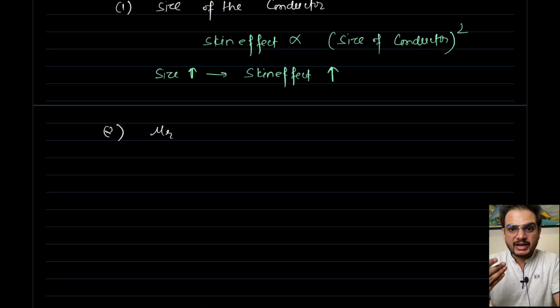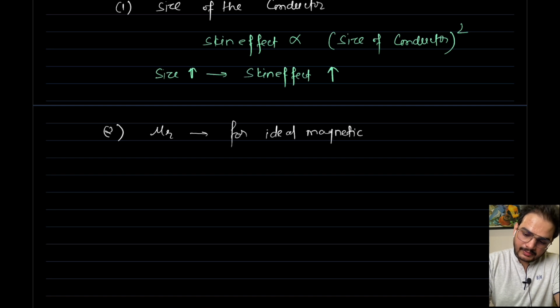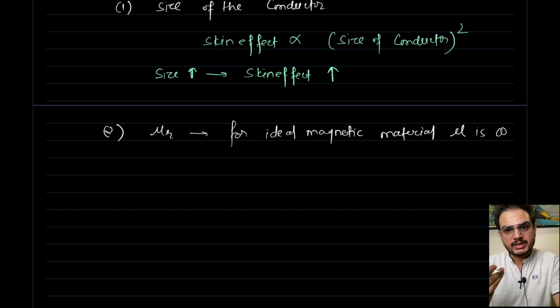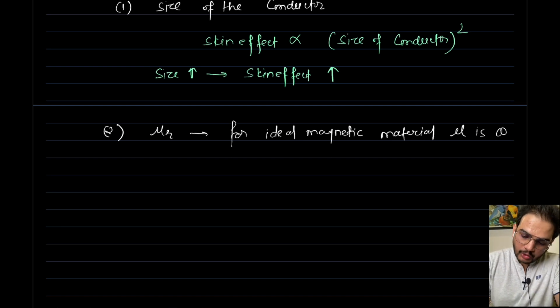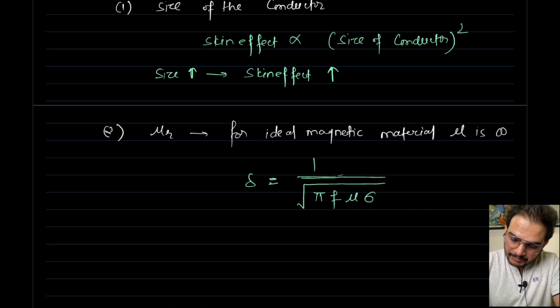For an ideal magnetic material, permeability is infinity, and according to the formula of the skin depth, 1 upon under root pi f mu sigma, the skin depth is inversely proportional to permeability.